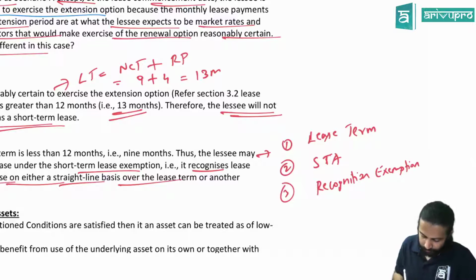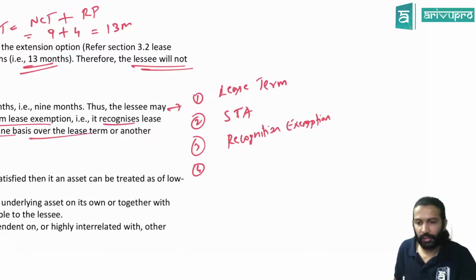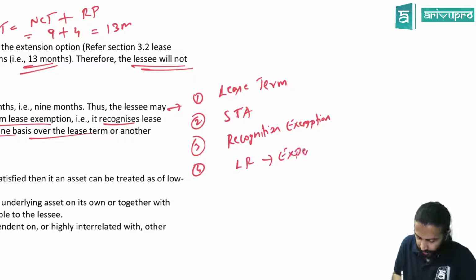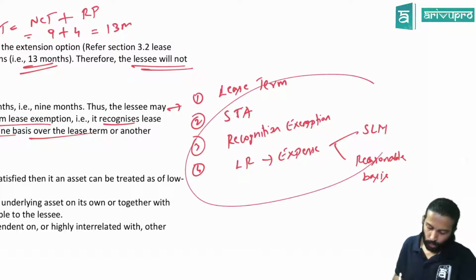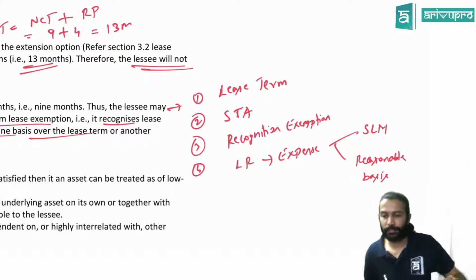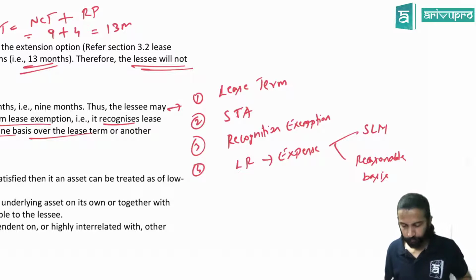If it is adopted, then you will state the accounting treatment: the lease rental will be accounted as an expense, on an SLM basis or any other reasonable basis. These are the few pointers you need to write in your examination. That's it. 2 to 3 marks, they may ask you the case study.